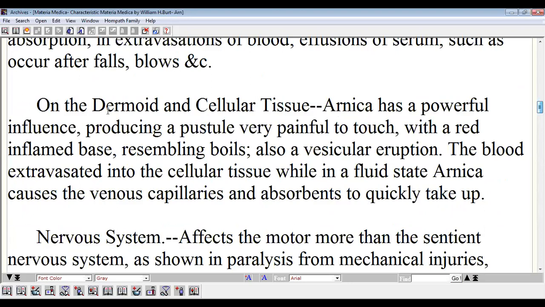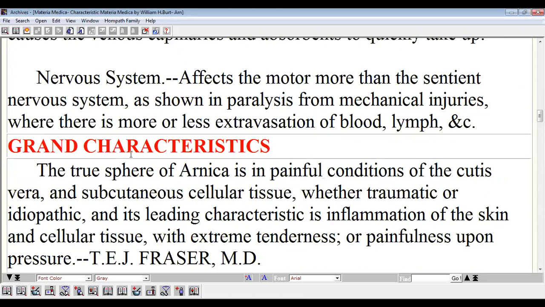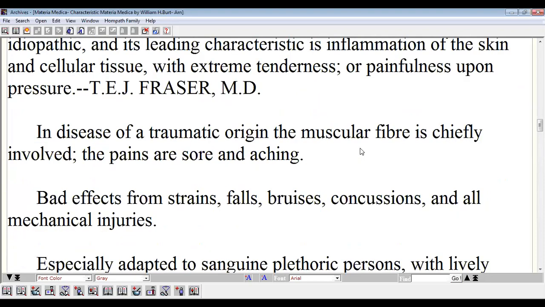comes the characteristic symptoms. And these characteristic symptoms are collected from various authors, and the references are mentioned. So I will read for you.